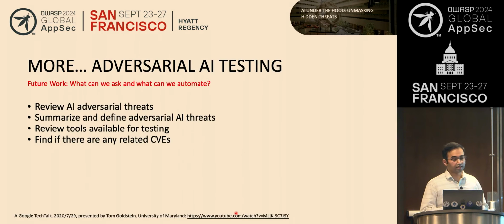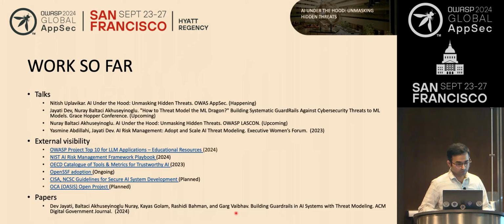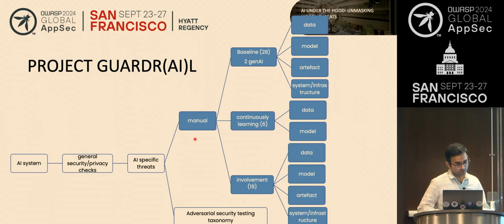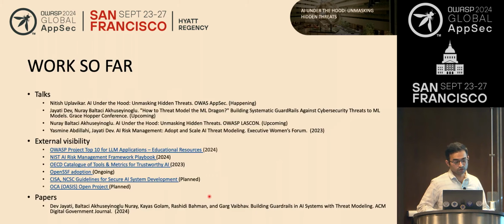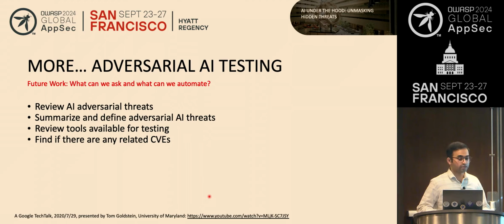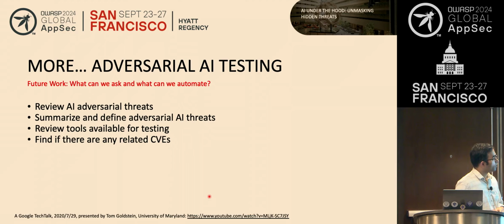So what's next? What do we plan to do next? Right now, we focused on the manual part, but in our future work we will dive deep into adversarial security testing. In order to realize this, we will ask the question: what is it that we can automate?